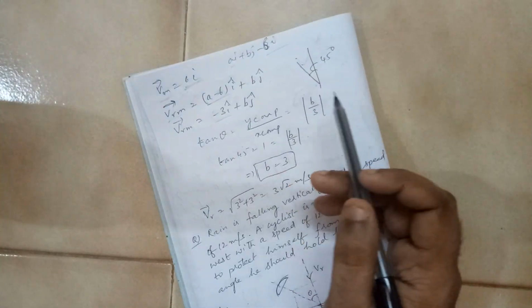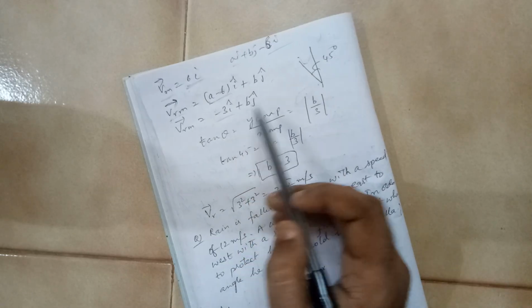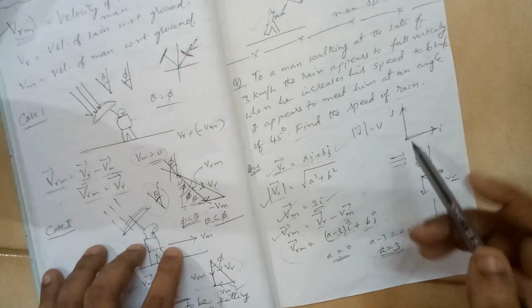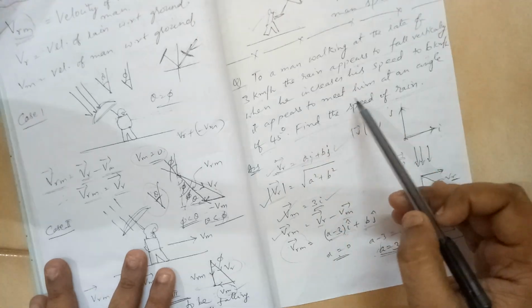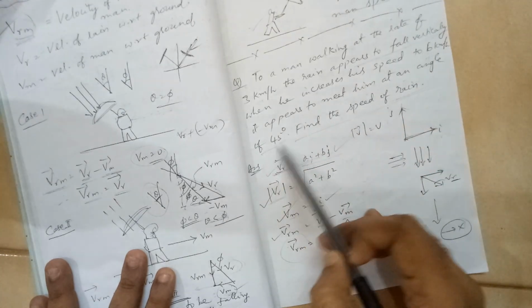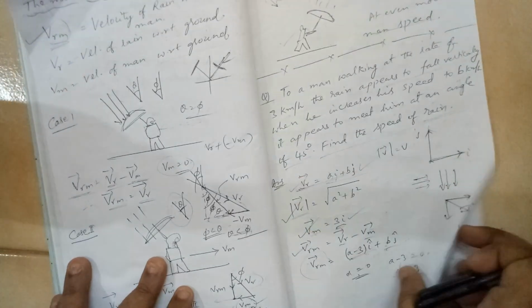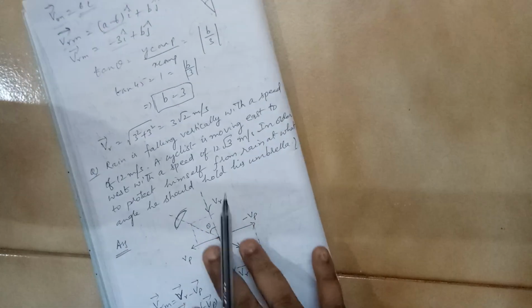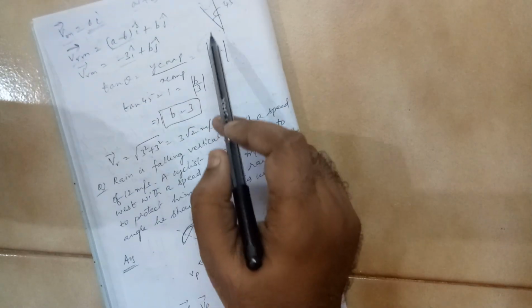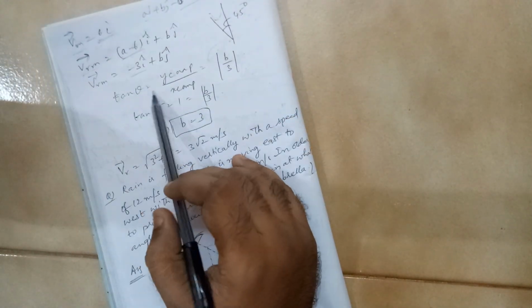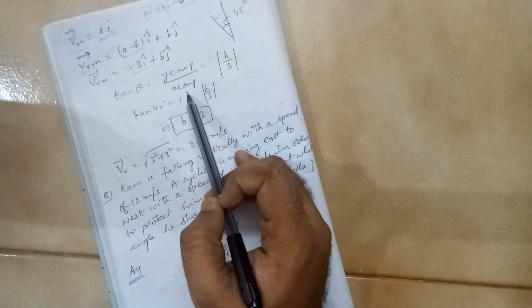In the question they have given you the angle. Which angle are they saying? Is it the angle with respect to horizontal or vertical? Usually we talk with reference to the vertical. It is given as 45 degrees. It doesn't matter actually: if it is 45 with the vertical, the horizontal will also be 45. So tan theta will be y component by x component.